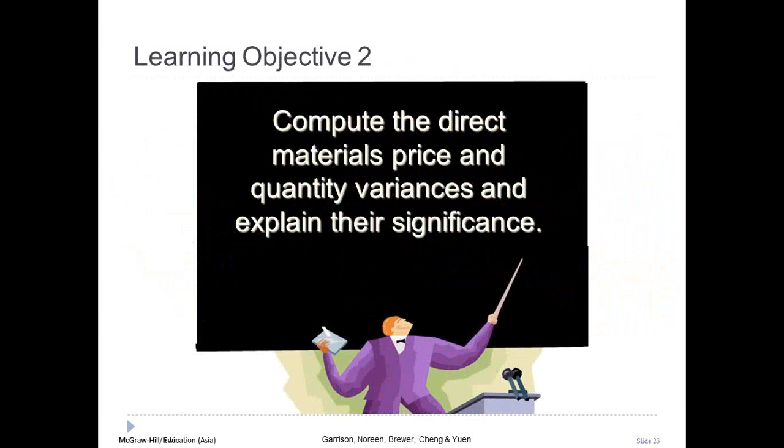Learning objective number 2, let's compute the direct materials price and quantity variances and explain their significance. Here's an example that will give us an opportunity to compute material price and quantity variances.